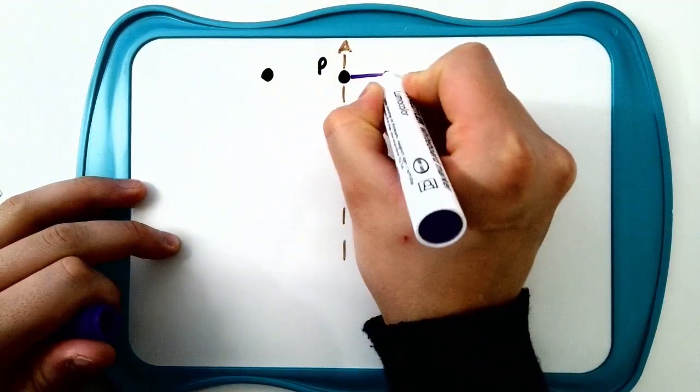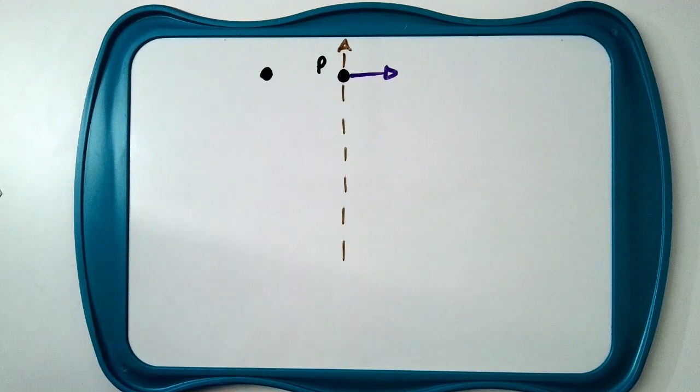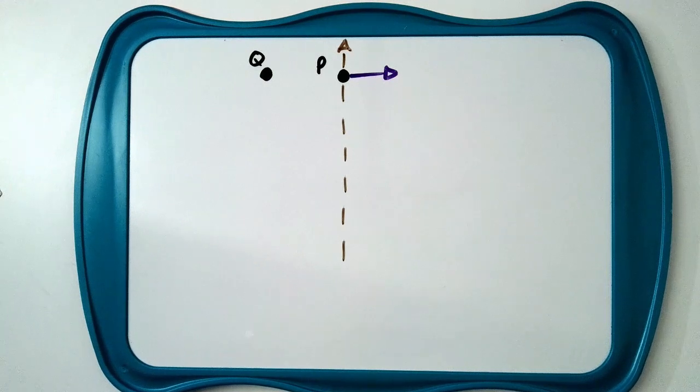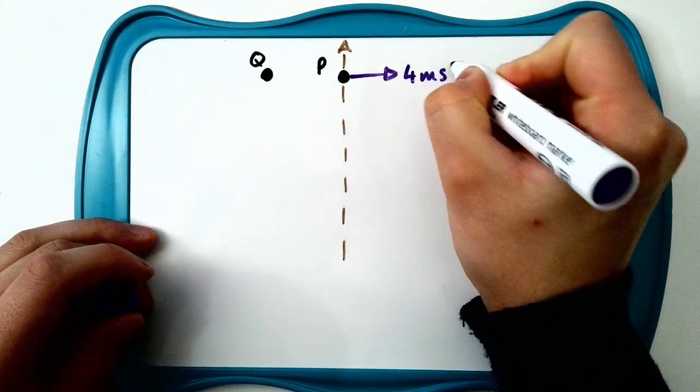Here we have an initial velocity of particle P, which is 4 meters per second.